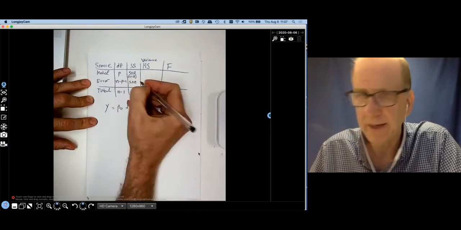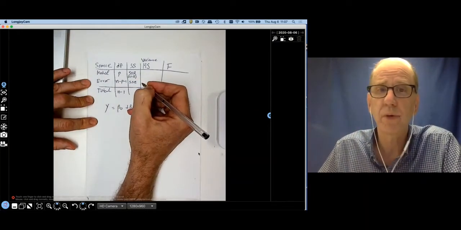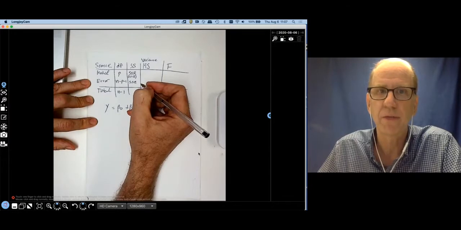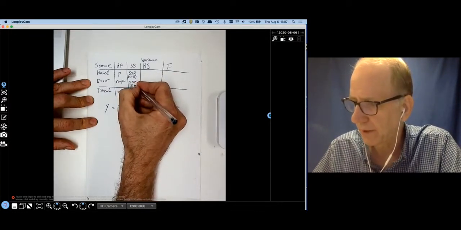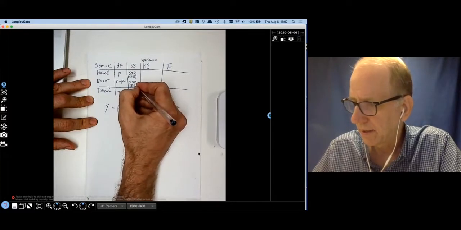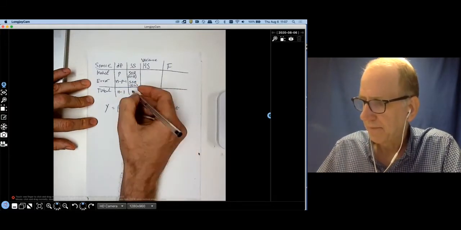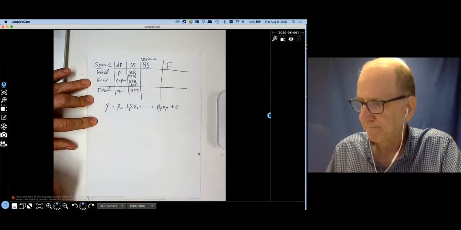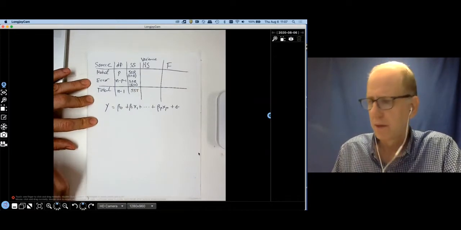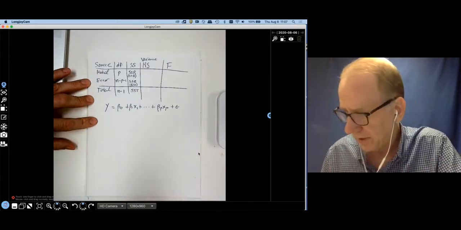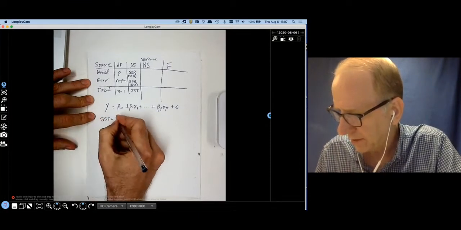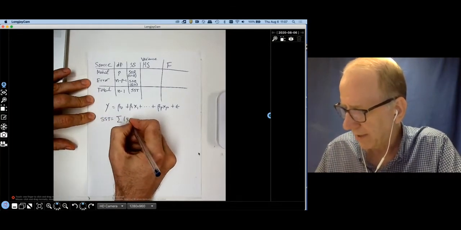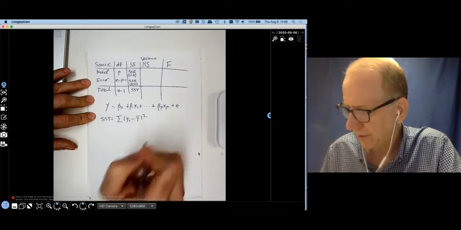In the last class, when we used the Hastie book, it was RSS for residual sums of squares. That's the same thing. I can put that in here if you want, SS, RSS. And then this is SST. And so the way to think about these is SST is just the sum of y sub i minus y bar squared.